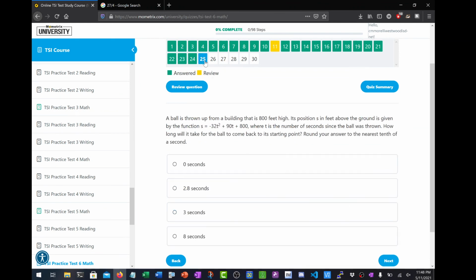Okay, number 25. A ball is thrown up from a building that's 800 feet high. Its position can be modeled by this equation. And it wants to know how long will it take for the ball to come back to its starting point.